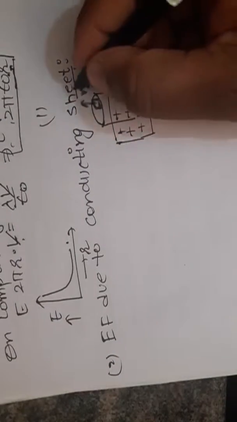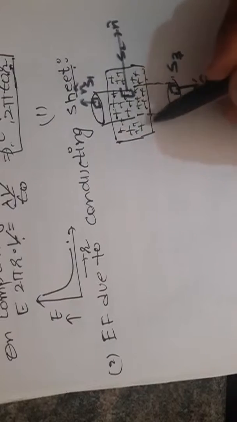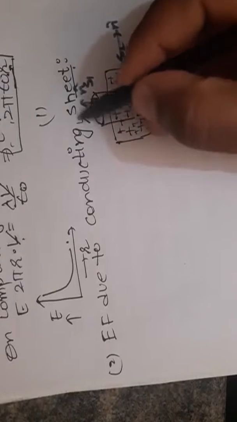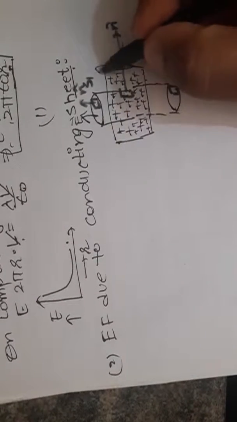The normal is in this side, this side, and this side. Now this positive charge is lying on its surface, so the electric field is in this side, this side and this side.